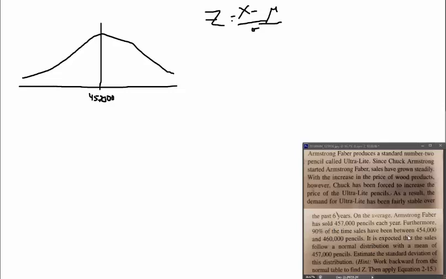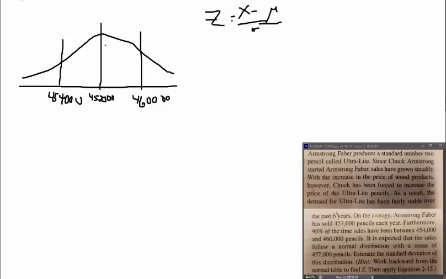It's given us two X's, 454,000 and 460,000 pencils. And so if I were to chart this, 454,000 would fall out here. 460,000 falls right around here.